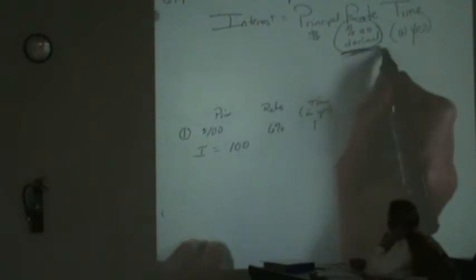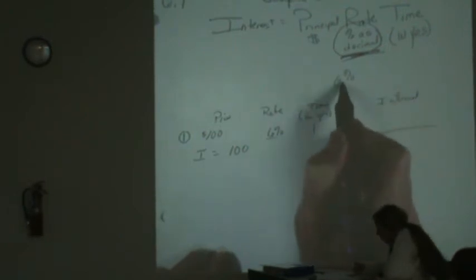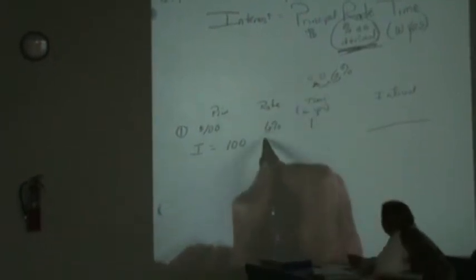Okay, so something simple right here. Principal 100, rate 6%. So we want to find interest. We don't know the interest, right? Principal, you just write it. What do we do with the rate? Decimal. Okay, 6%. How do you change it to a decimal? 2 times, always 2. 0.06.